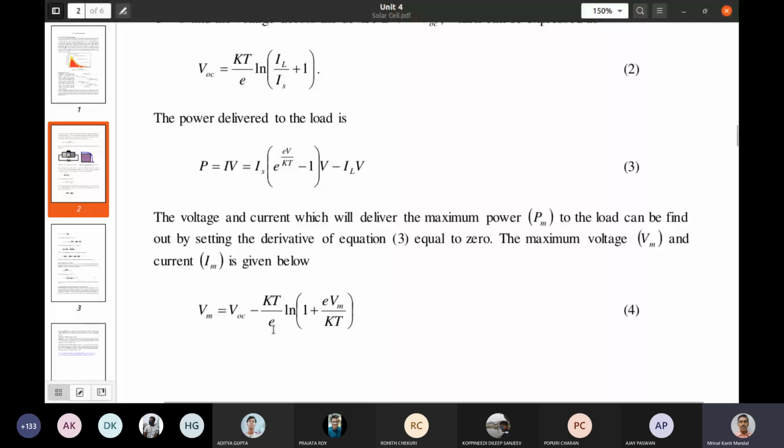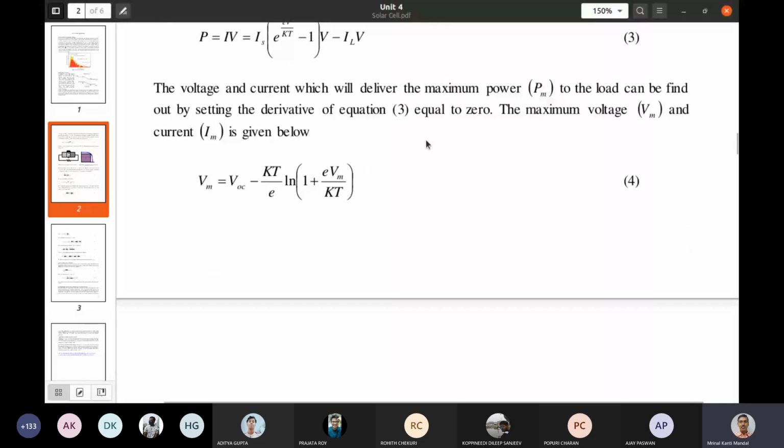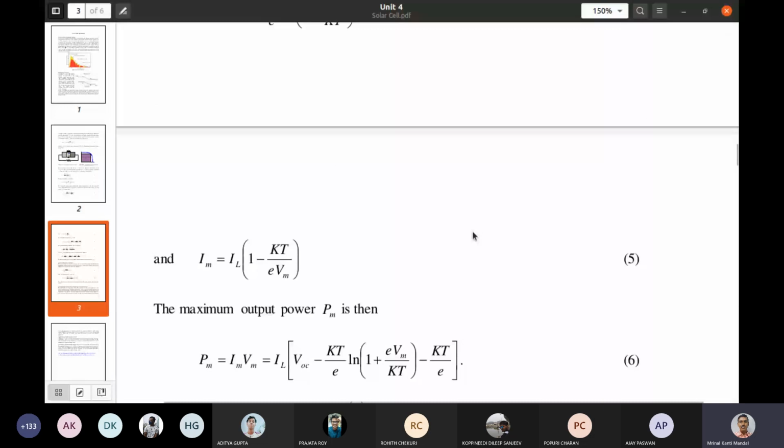This indicates the maximum voltage, but VM is also present on the right side, so we can solve it. Similarly, by differentiating equation 3, we can calculate the maximum current, that is equal to IL (1 minus KT by EVM).